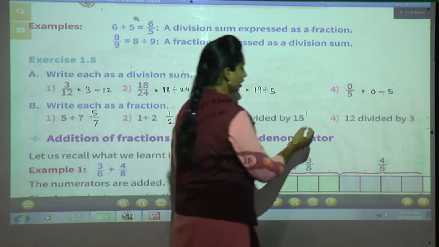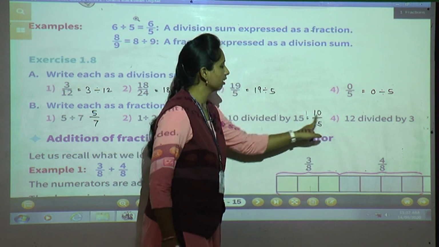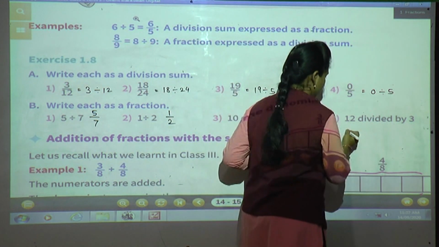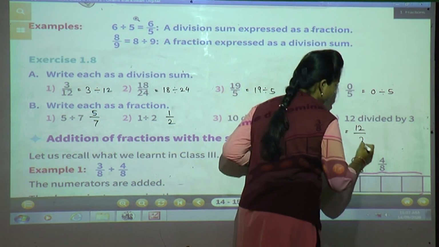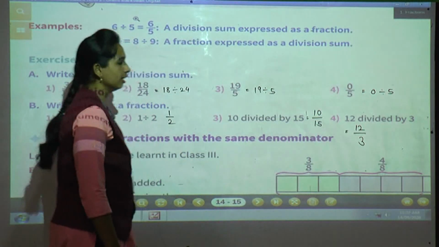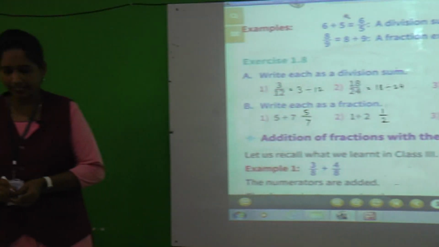As it is, don't be confused. 10 divided by 15. Now see, 12 divided by 3. Here I will write 12 divided by 3. This means divided. Clear? Understood? Is that clear? Yes. Very good. Now here we have completed our exercise 1.8.